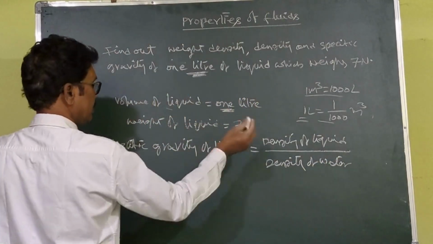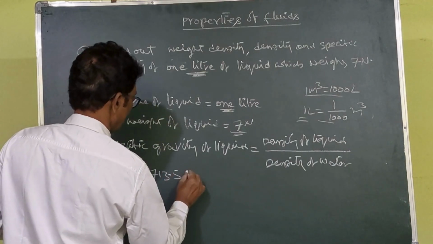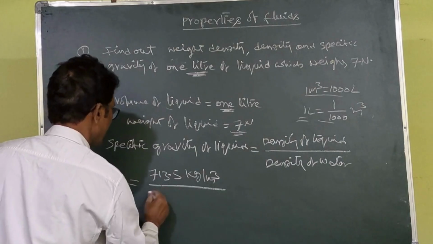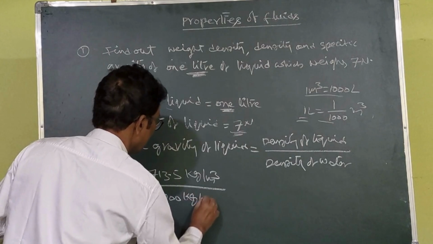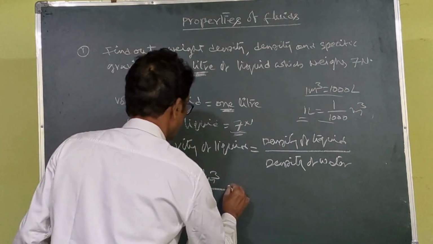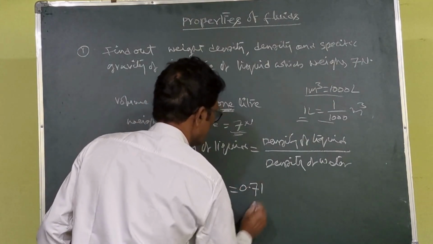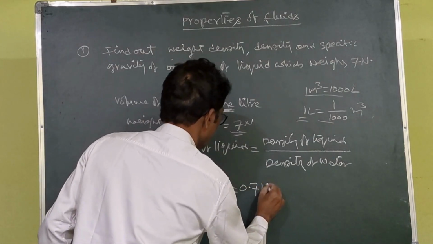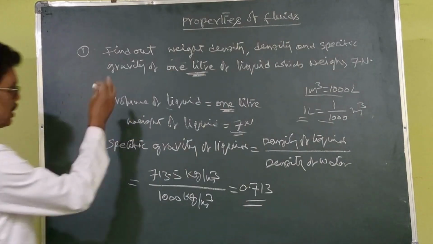So density of liquid, already found, 713.5 kg per meter cube divided by density of water, which should be remembered, 1000 kg per meter cube. If you simplify this, you get 0.71. Of course this is enough. 0.713 is the specific gravity of that liquid.